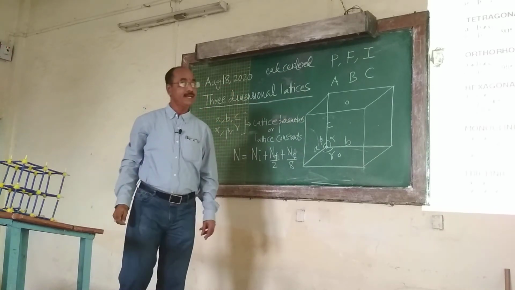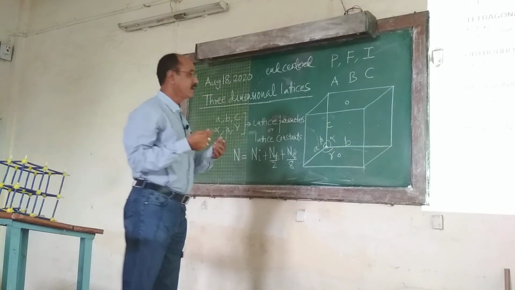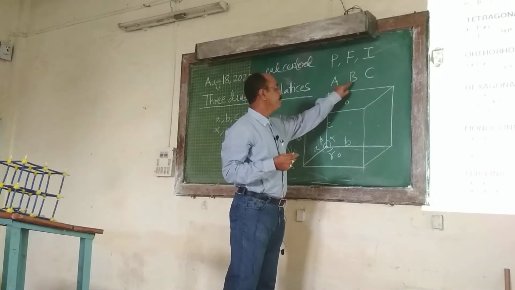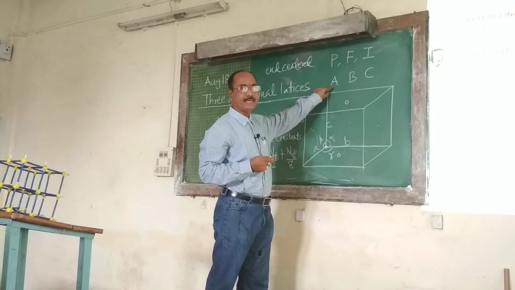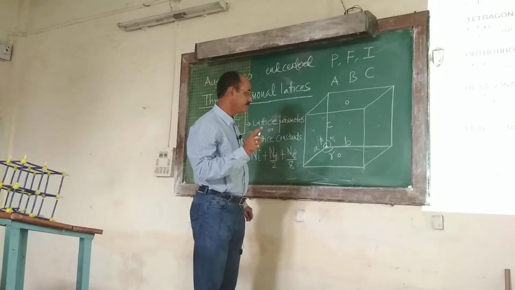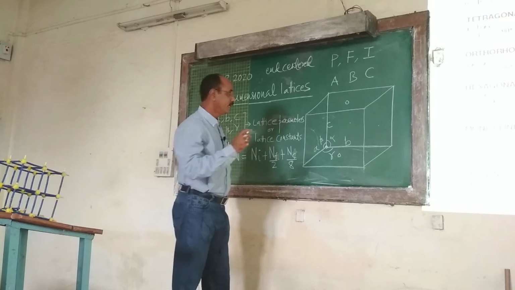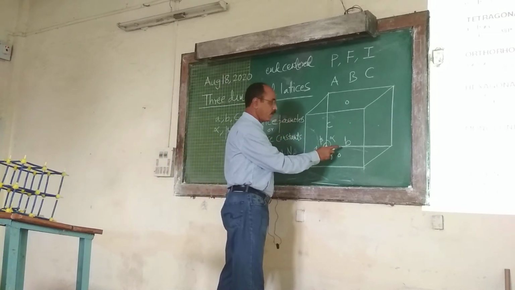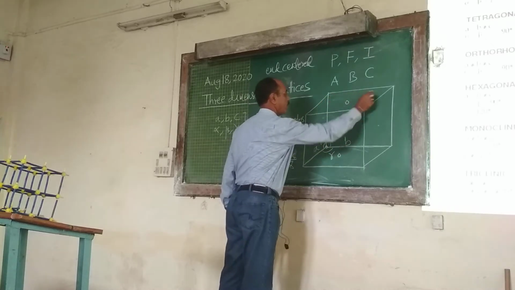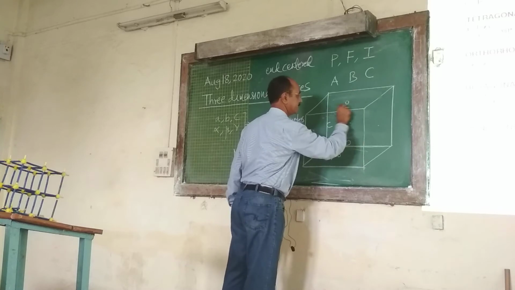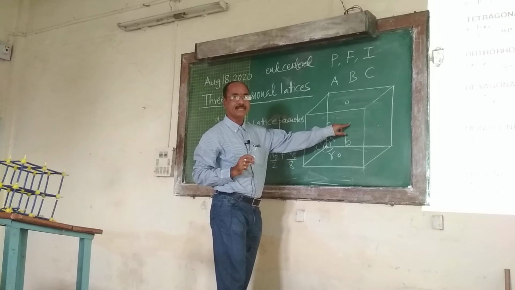Then again, there are 3 types of end-centered unit cell. They are represented by A, B, and C. What is meant by A type of end-centered unit cell? A type of end-centered unit cell is that unit cell in which the face formed by crystallographic axes B and C has a lattice point at the center.